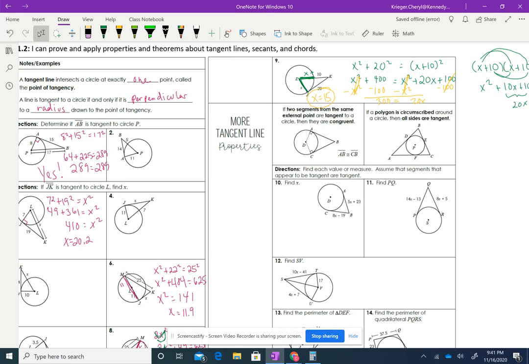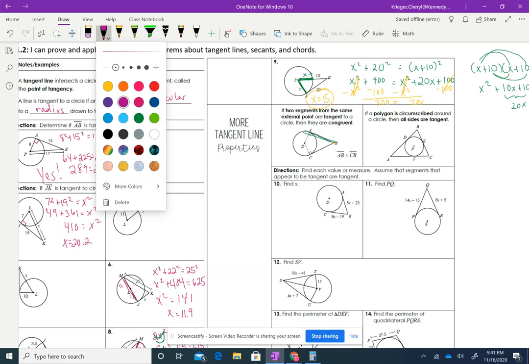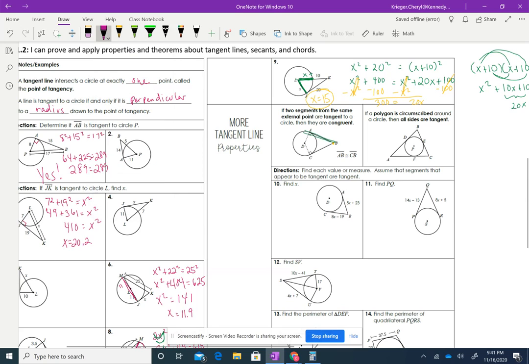So basically, if my external point B connects to my tangent line AB, let me draw in green, and my tangent line CB, and they intersect at point B, then those tangent lines have to be congruent. So AB is congruent to CB.